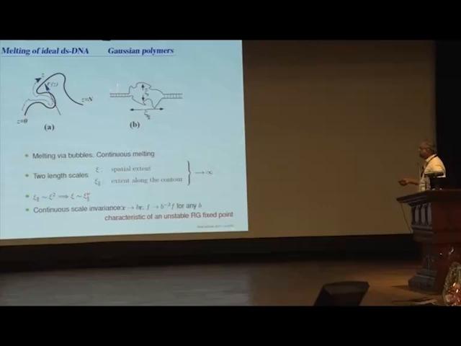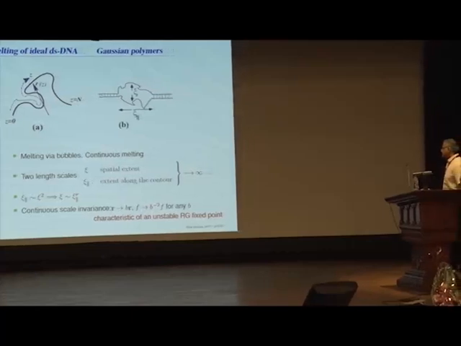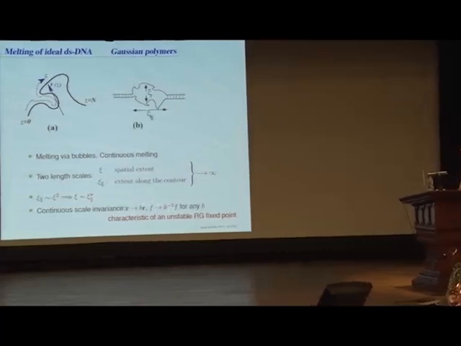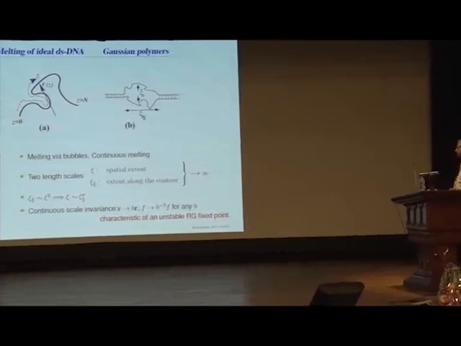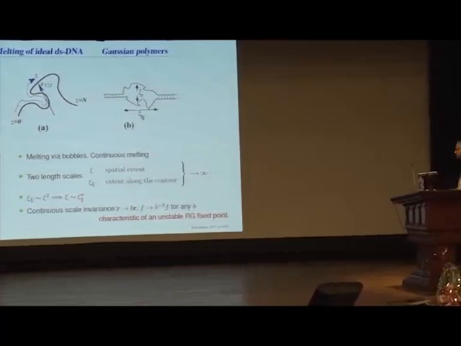I started with this hydrogen bonded DNA molecule of certain bond lengths and so on, but close to the melting point, there is a scale invariance: if I change my scale R by any factor B, the free energy per base pair comes out to be B to the power minus 2 times F, and this B can be arbitrary. This is called a continuous scale invariance because B is arbitrary. I can choose any arbitrary number.